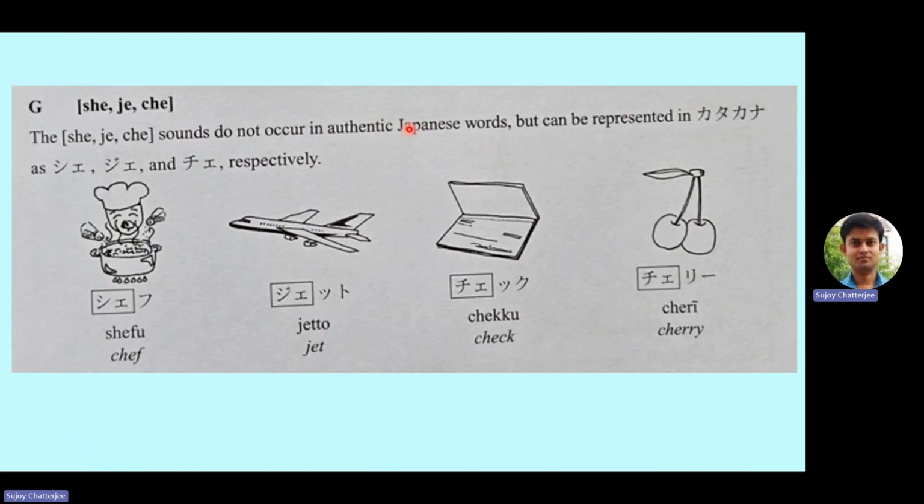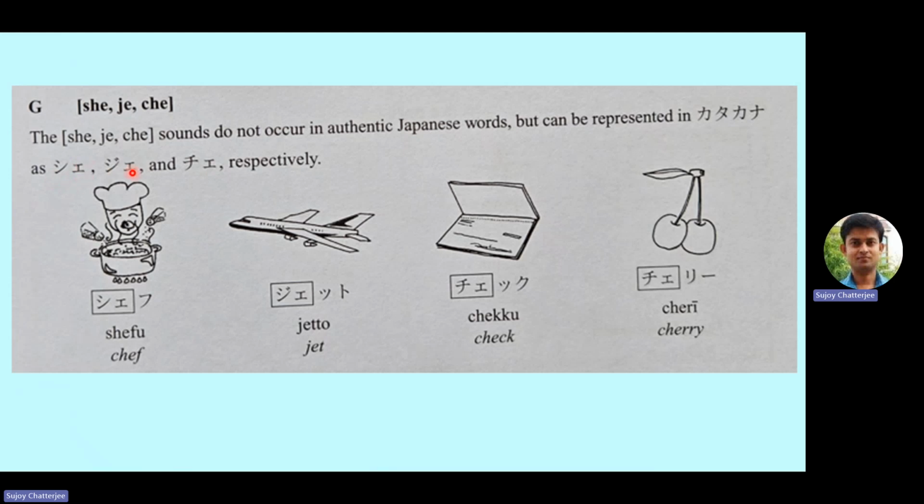Next is the handling of she, je, and che sounds. Since these sounds are not present in the Japanese syllable system, they do not occur in authentic Japanese words, but can be represented in katakana as this one is she, this is je, and this is che. As you can see, this is shi plus small e, this is ji plus small e.